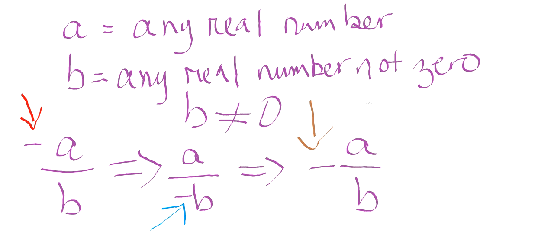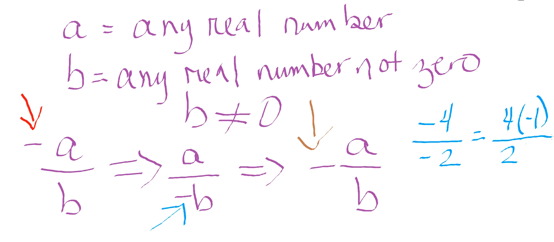Okay, one of the things from that last example: if I had negative 4 divided by negative 2, that negative sign cancels itself out. So that is the same thing as 4 divided by 2 times negative 1 times negative 1.